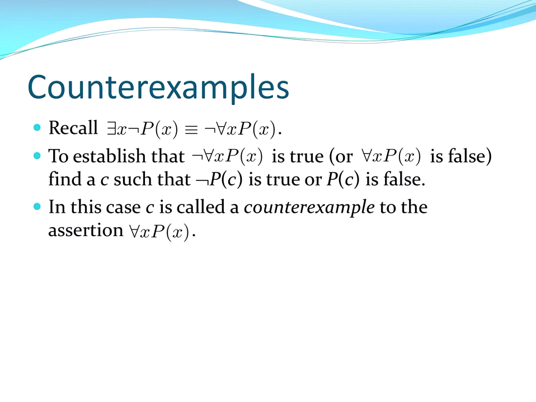For counterexamples, you will have learned that this equivalence is true. There exists x such that it is not the case P(x) is the same as it is not the case that for every x P(x).